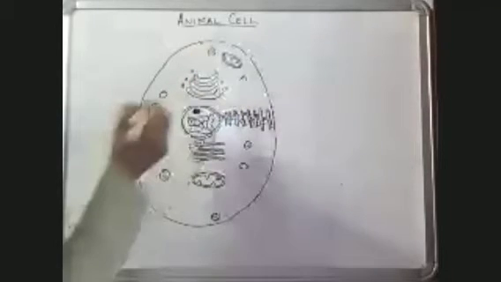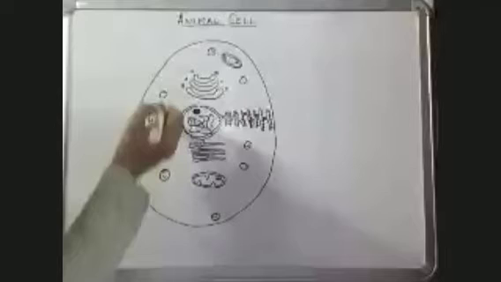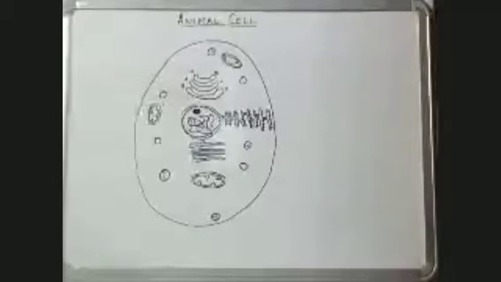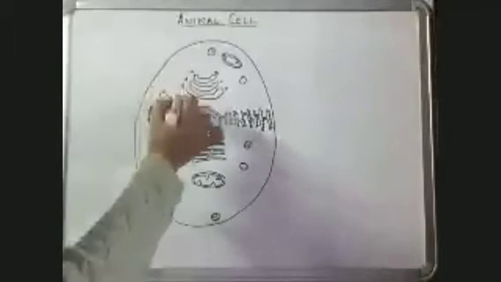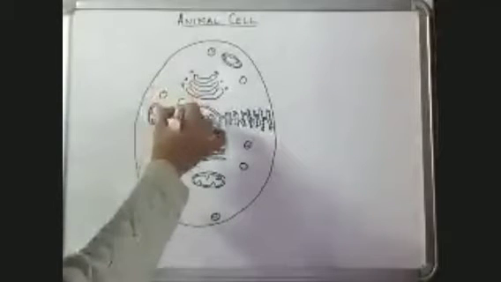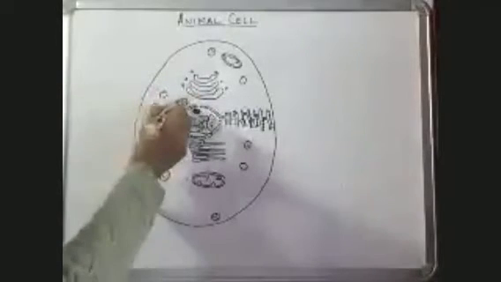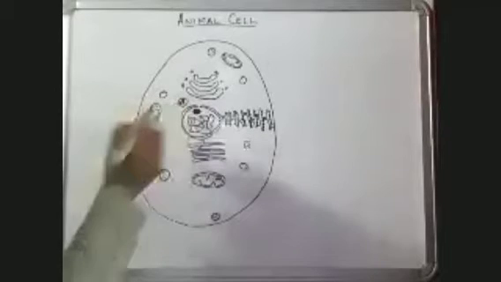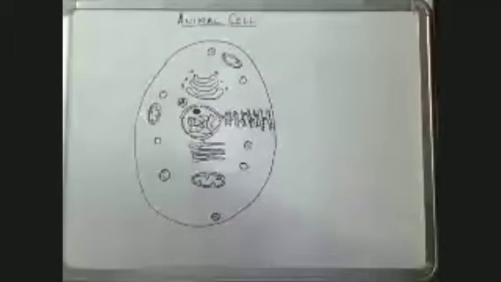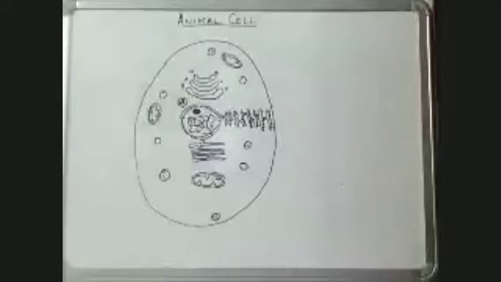Along with this, we have the structure which is present only in the animal cell, that is the centriole. Two centrioles are placed together, one in this direction, another in this direction, and together they form the centrosome.